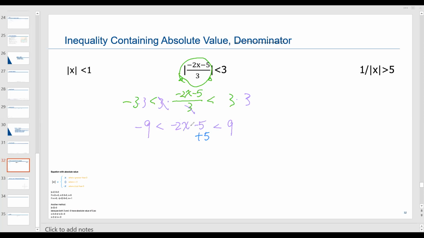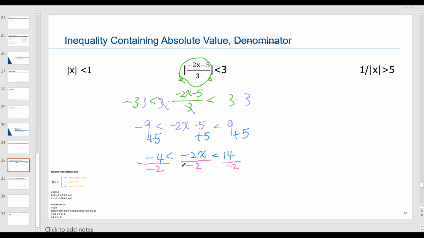So we go back to the compound inequality, which has left, middle, and right. We do the same process. So here it changes into negative 2x, here is 14, here is negative 4. And right now we need to divide by negative 2 on the left, middle, and right.